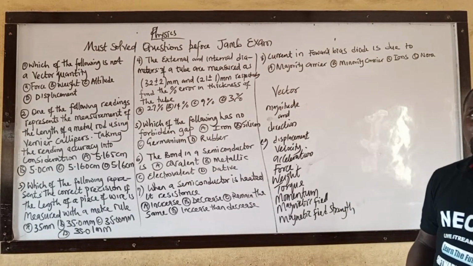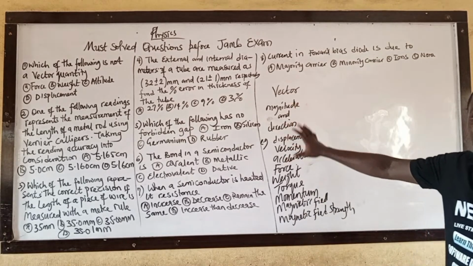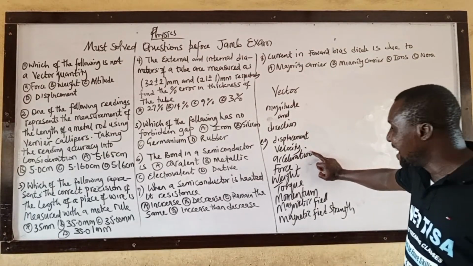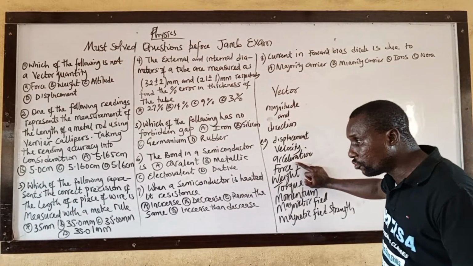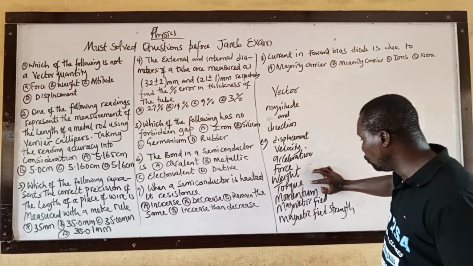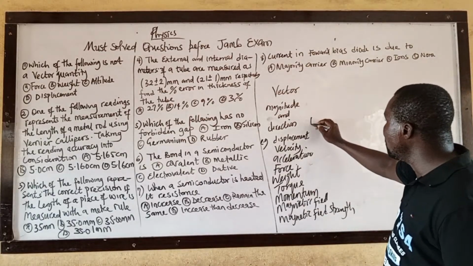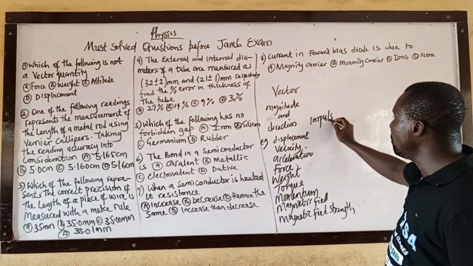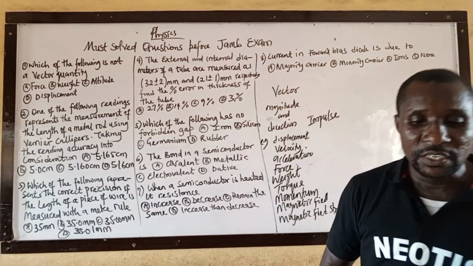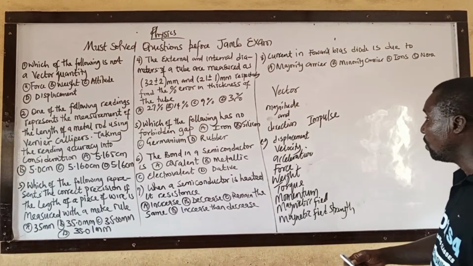Let me call them again. We have velocity, displacement, acceleration, force, weight, torque, momentum, magnetic field, magnetic strength. We have impulse. These are examples of vector.